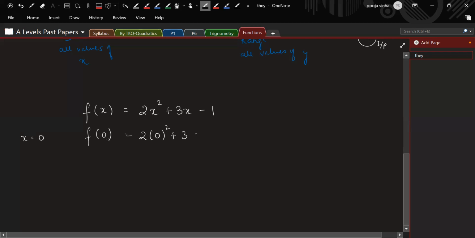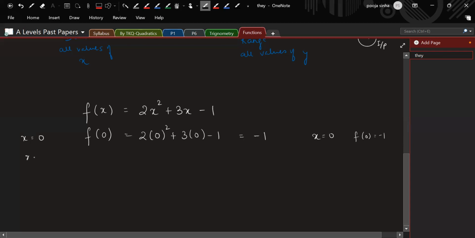Your answer will be -1, because everything else becomes 0. So when x is 0, what did I get as f(x)? f(x) is equal to -1. So f(0) is equal to -1.